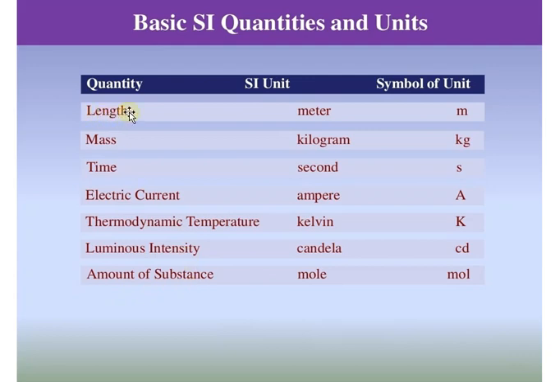Length is a base quantity having unit meter, symbol m. Mass is a basic quantity, unit is kilogram, kg. Time, unit is second, represented by s. You can remember that the symbol for second is not sec, it is simply s.